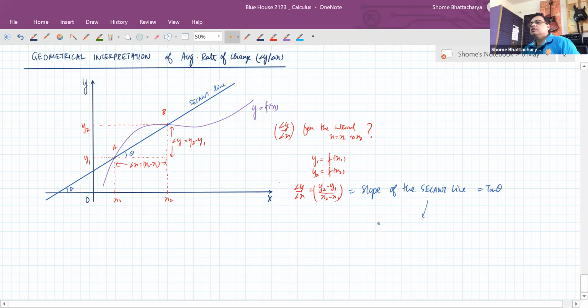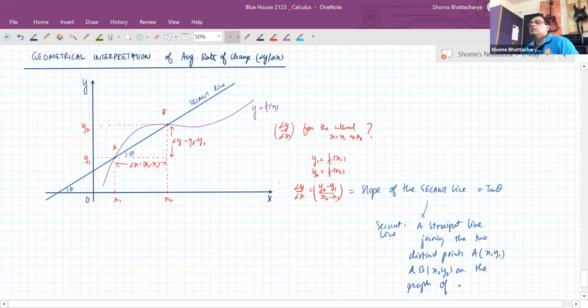So a secant line is a straight line joining two distinct points, in this case A and B, on the graph of y is equal to f of x. So this is the geometrical interpretation: average rate of change is the slope of the secant line.